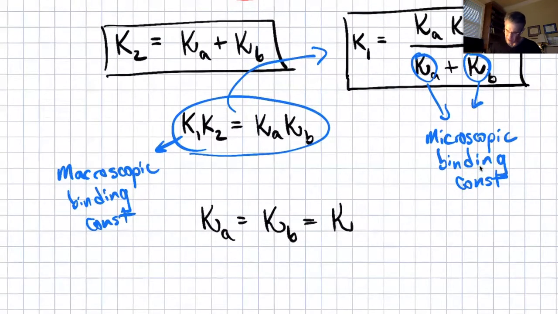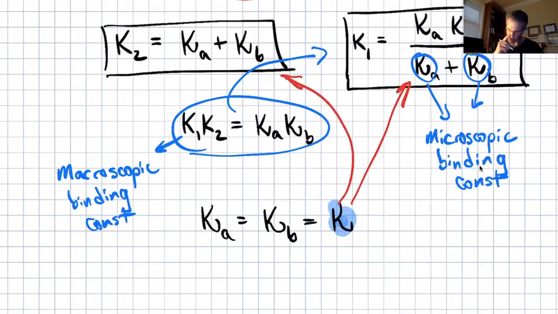That's kind of cool. If I just substitute that kappa in there, kappa in this case is just our microscopic affinity that's shared. It's the same for both sites. If I substitute that in here, here, and here, the following relationships have to hold.